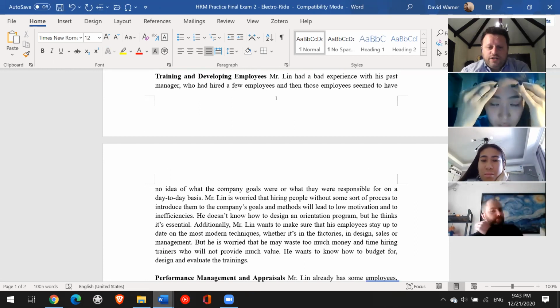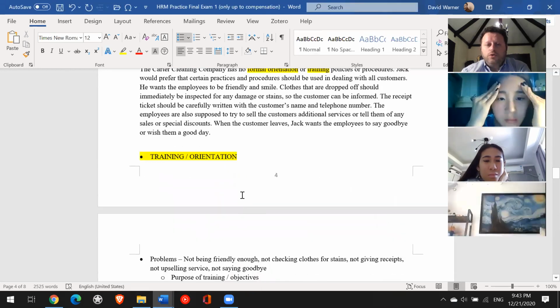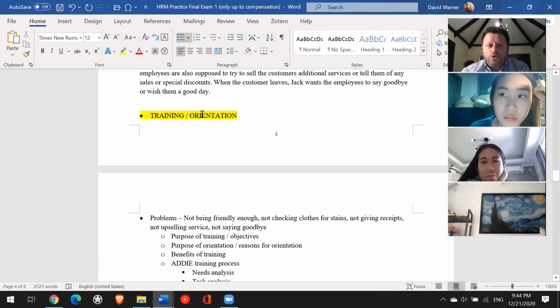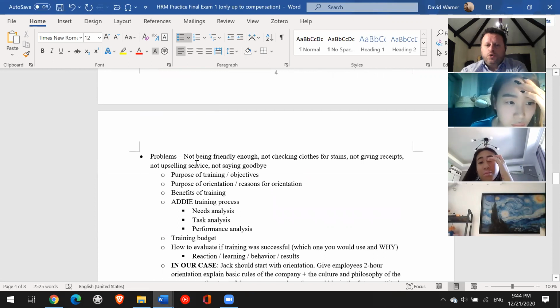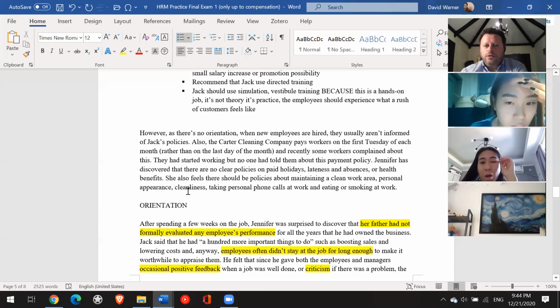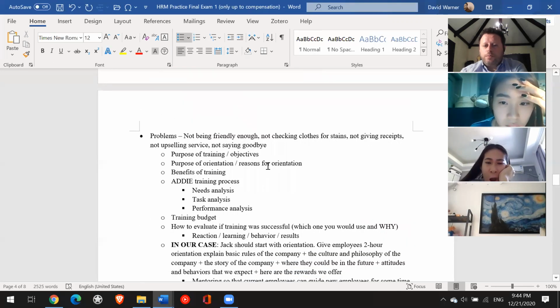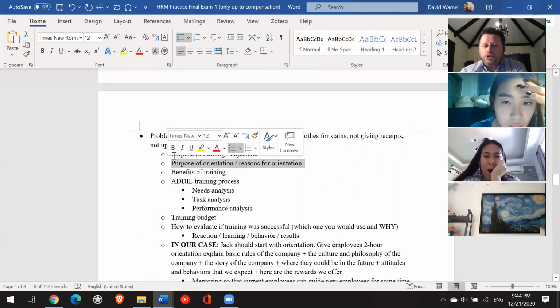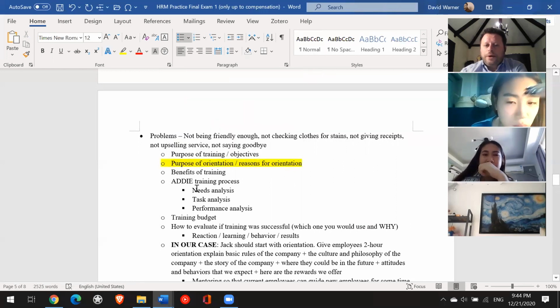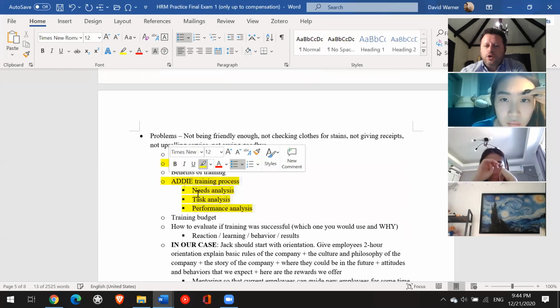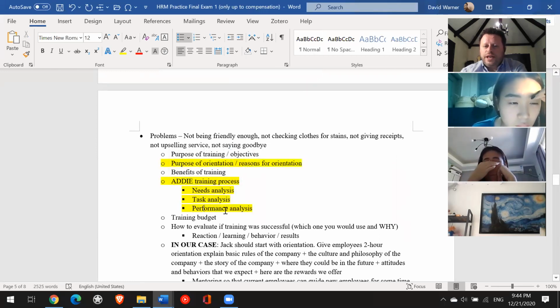So definitely, we are talking about both training and orientation. Both of these are very important to me. So when we talk about orientation, we're talking about the purposes, the reasons for orientation. When we talk about training, we're definitely talking about the ADDIE process with needs, task, and performance analysis.